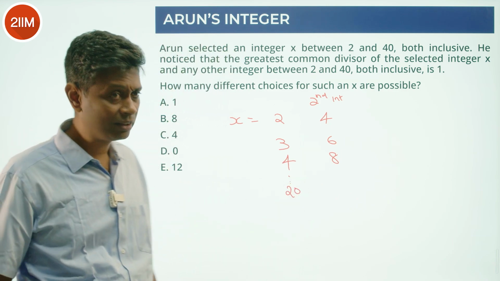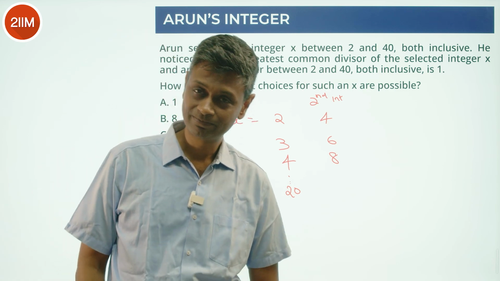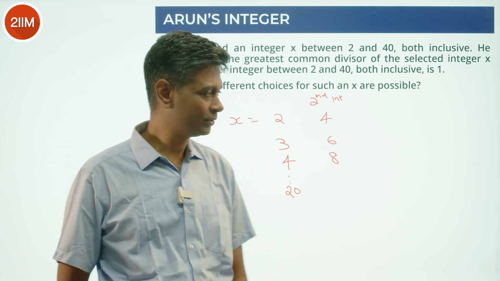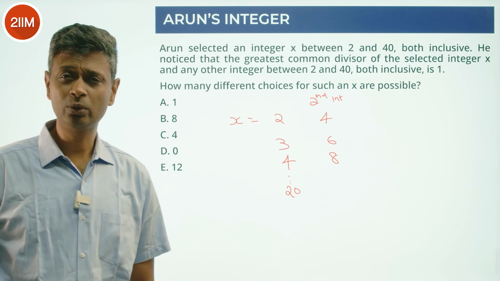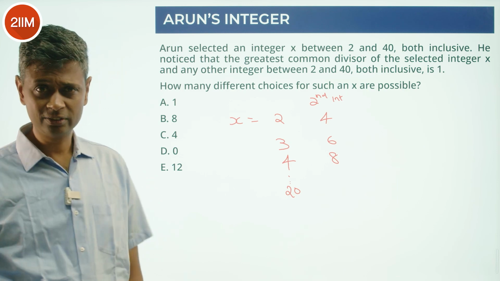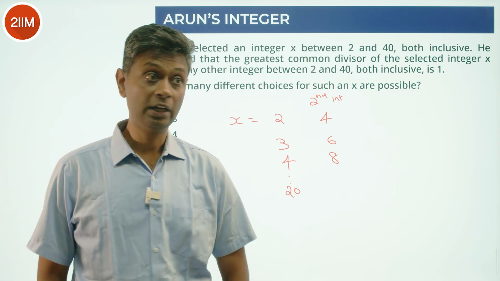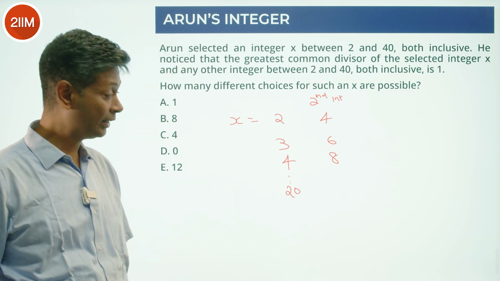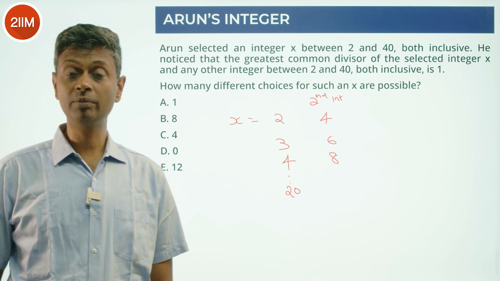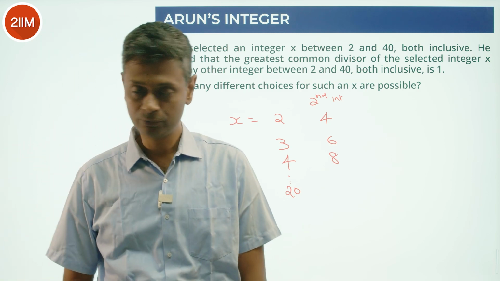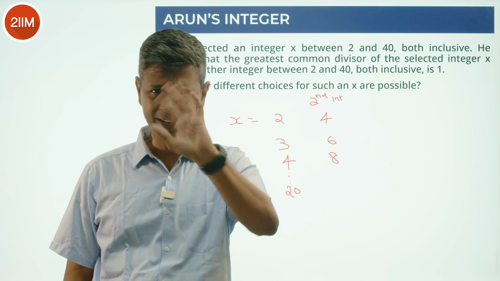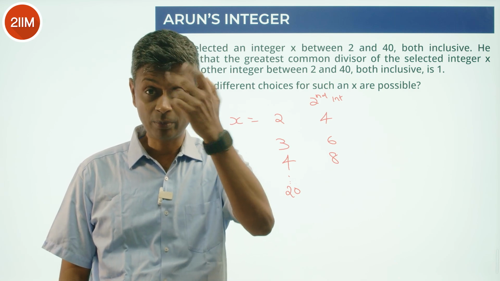Put x as 19, 38 will cause trouble. So 2 to 20 is straight away ruled out because twice of the number is sitting inside. HCF of x and 2x is 2. And if I put x between 2 and 20, 2x will all be definitely less than or equal to 40. X cannot be any of 2 to 20.